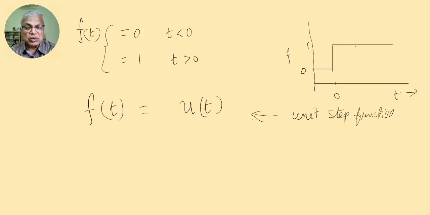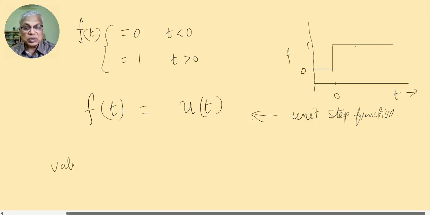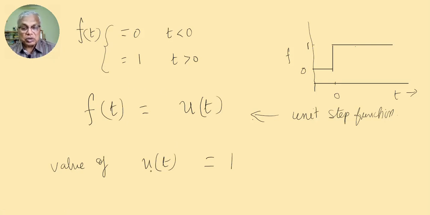The numerical value of u of t is 1, but we represent it mathematically by the equation u of t. I repeat, the numerical value of u of t means 1.